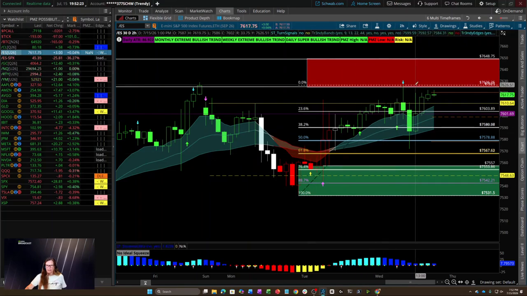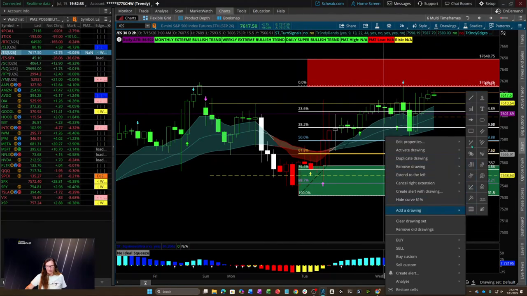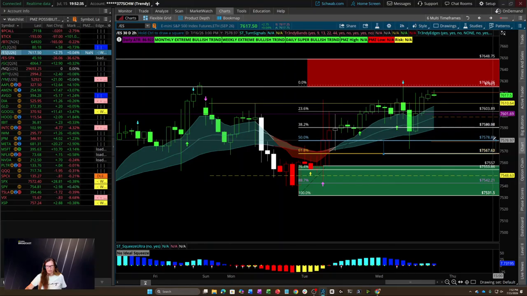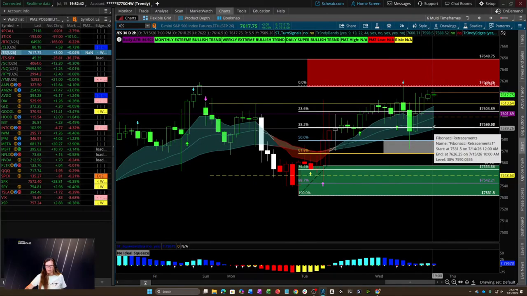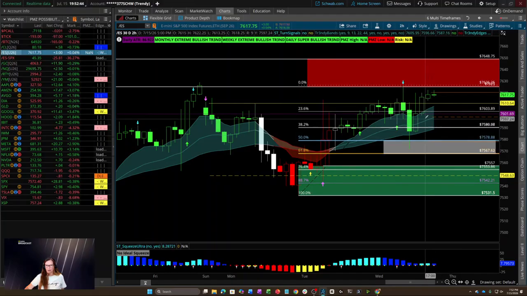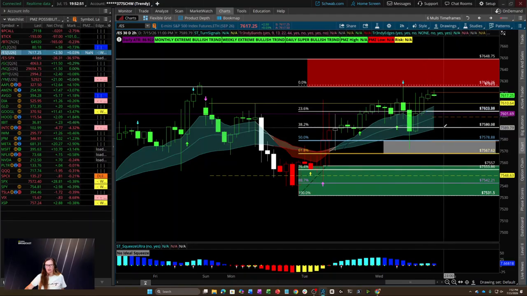We have established that ES is in choppy conditions right now. So I already know this 61.8 and this 50 would be my Fibonacci buy zone for tomorrow, right? But the 38.2 is a stop along the way. You can also use the 23.6, depending on how many targets you're wanting.